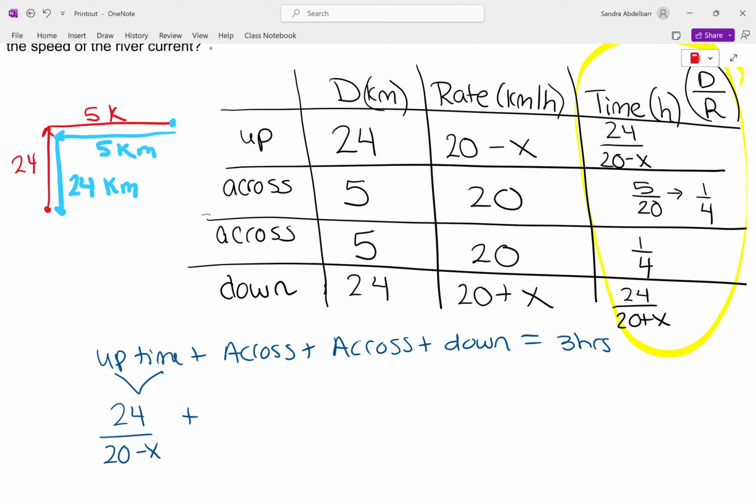Do we agree? So what's our up time? 24 over 20 minus x. What's our across time? 1/4. But then there's another across time, which is another 1/4, plus our down time, which is 24 over 20 plus x. That will equal the 3 hours.